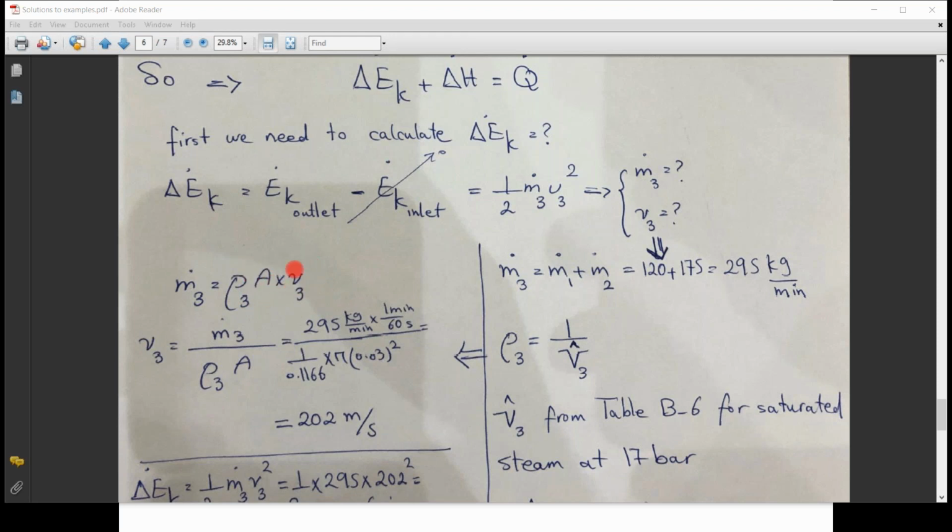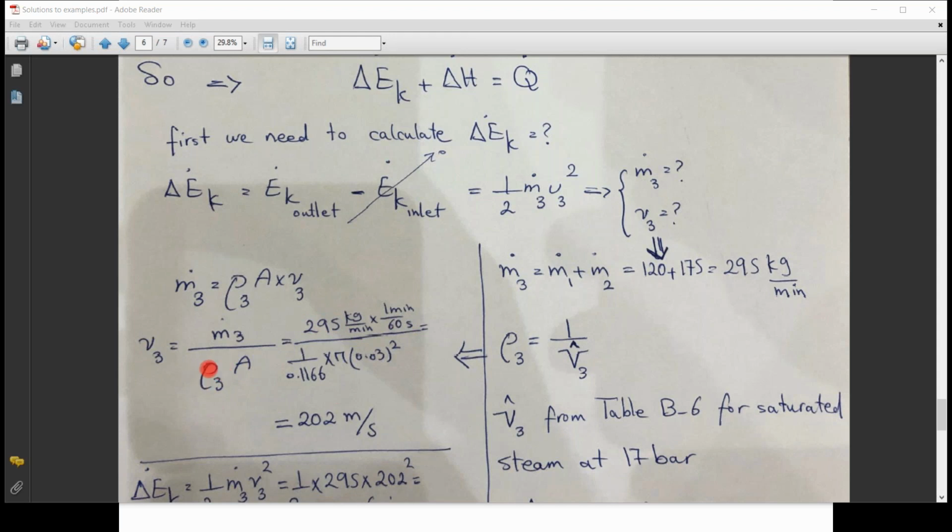We want to calculate this one. We know M3, and we have to know the density. So I just rearranged this formula based on V3 that we want to calculate. M3 we already calculated from here. I just substituted and converted minute to second, as you can see here, right?